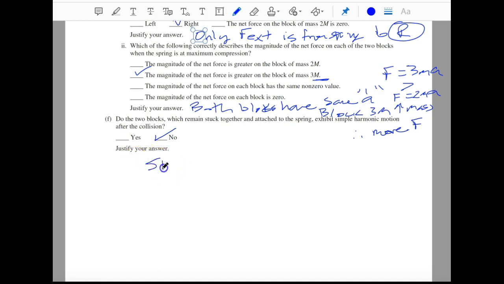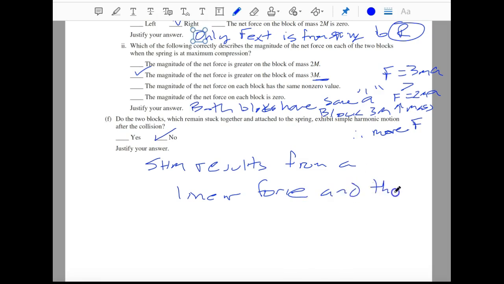So here you basically just need to say simple harmonic motion results from a linear force, and this spring does not behave in a linear fashion.